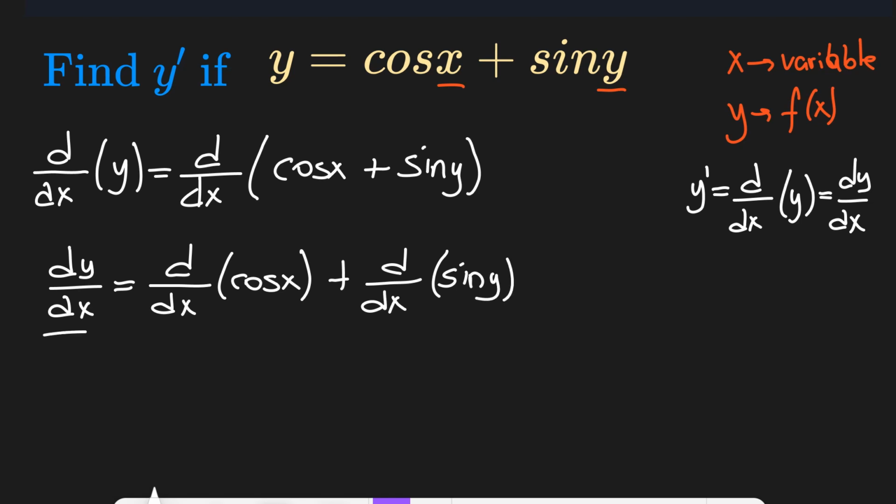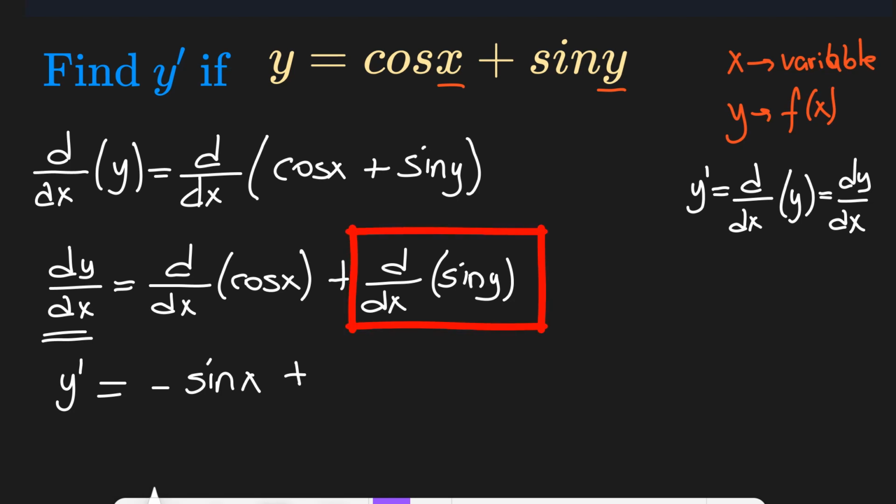Dy dx is the same as the derivative of y, and it is equal to the derivative of cos x with respect to x, which is negative sine x, plus. Here we have to use chain rule because of our assumption that y is a function of x. If you want to see more chain rule examples, you can click on the link on the top or in the description section.